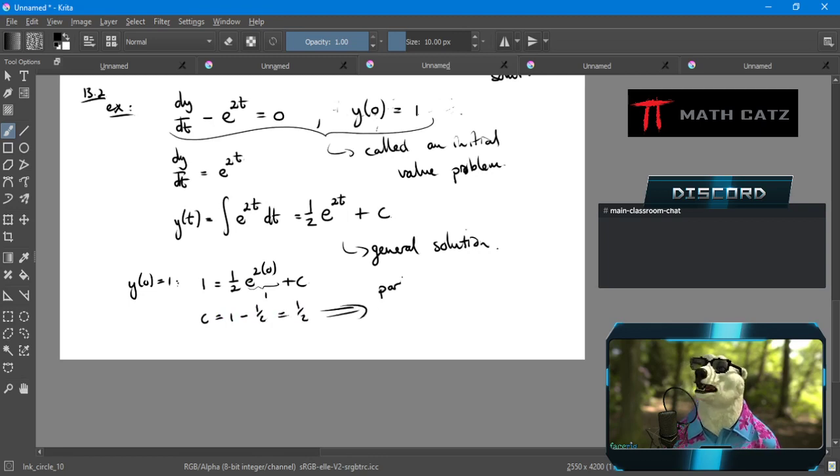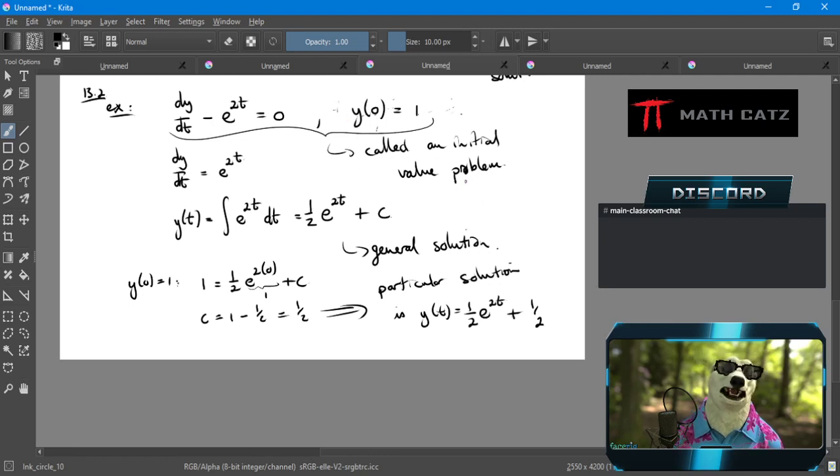So that means my particular solution is y as a function of t equals 1/2 e to the 2t plus 1/2. Now I know specifically which one. This is a solution to the initial value problem, which has the differential equation giving me my general solution and some extra information, which is just a point. It can be at 0, it can be anywhere else, it doesn't matter, allowing me to find the particular solution.